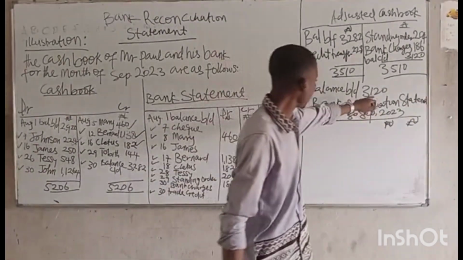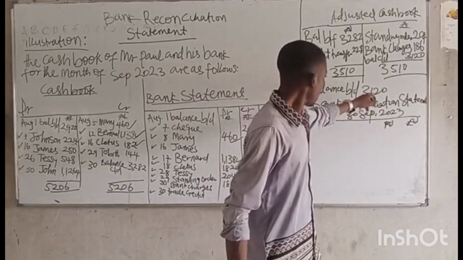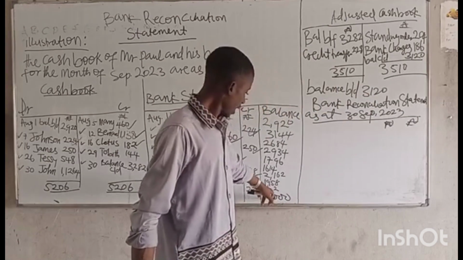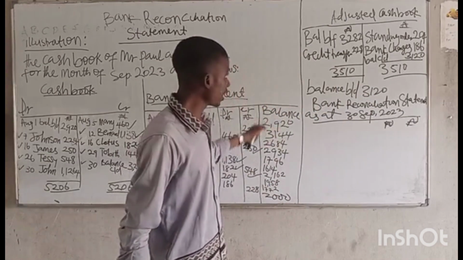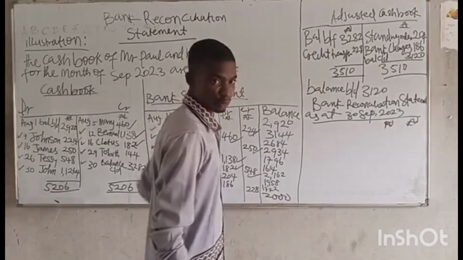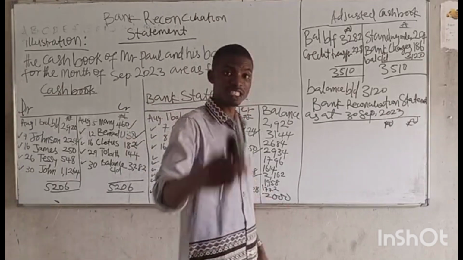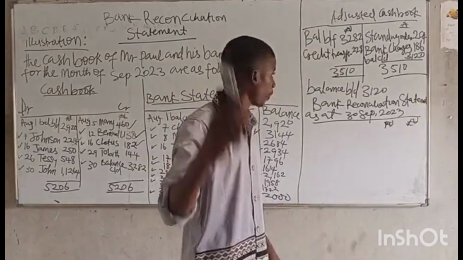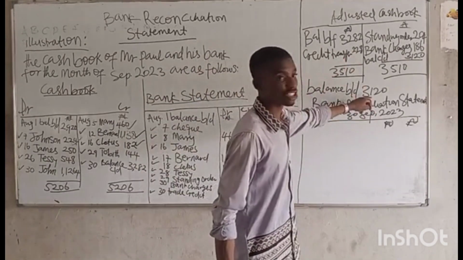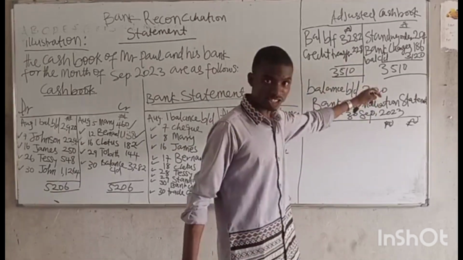If we are starting with balance as at an adjusted cash book, we're supposed to arrive at this balance as at bank statement to show that we have actually reconciled the bank statement and the cash book. But if we are starting with balance as at bank statement, if you did everything correctly, we are also supposed to arrive back at balance as at an adjusted cash book. So now let's start with balance as at an adjusted cash book.